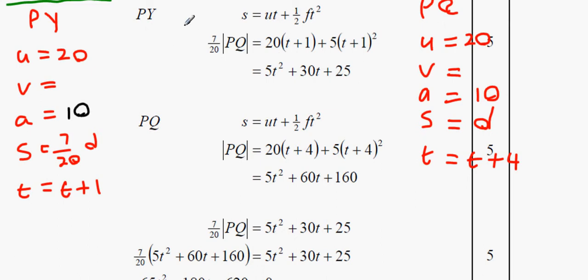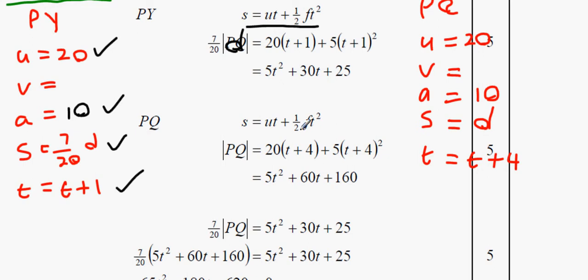Look at your list: s equals ut plus a half at squared. You're going to have u, t, your distance s, and your acceleration. Now remember, PQ for me is going to be D.